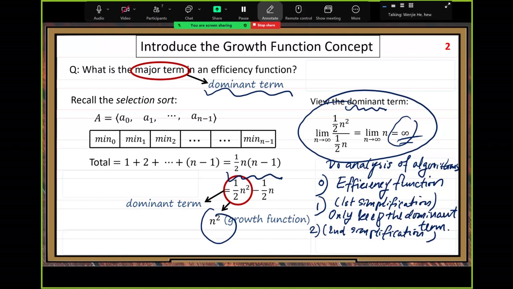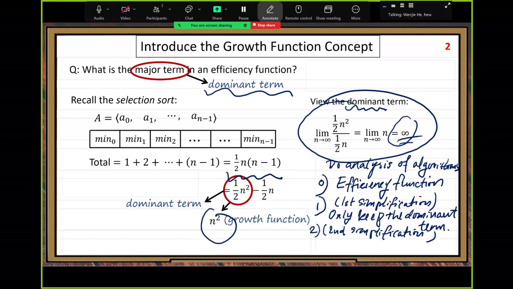Here it is a positive constant, because think about how we get the efficiency function: we count the number of basic operations. That number must be positive. So our efficiency function takes positive values. We do not consider negative values, because it's a counting number, and a counting number cannot be negative.